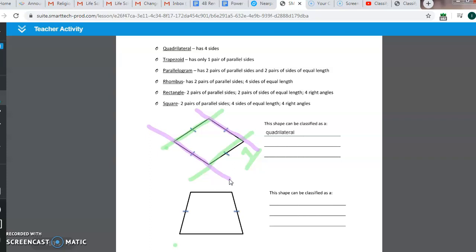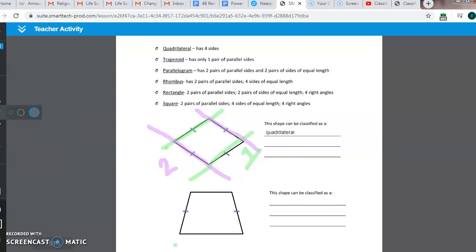And in fact, these 2 lines look like they would never touch if they went on forever. So these 2 lines are also parallel. That means that they are a second pair of parallel lines. This shape clearly has 2 pairs of parallel lines, and trapezoids can only have 1 pair. Therefore, this shape is not a trapezoid.